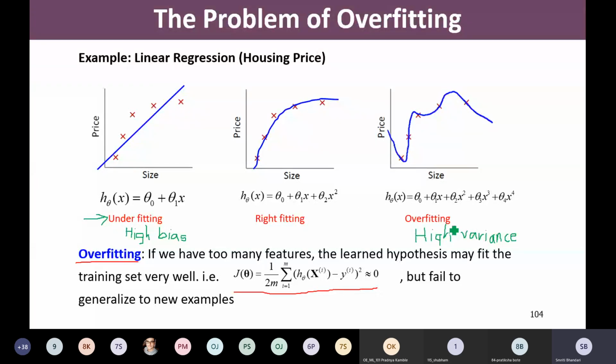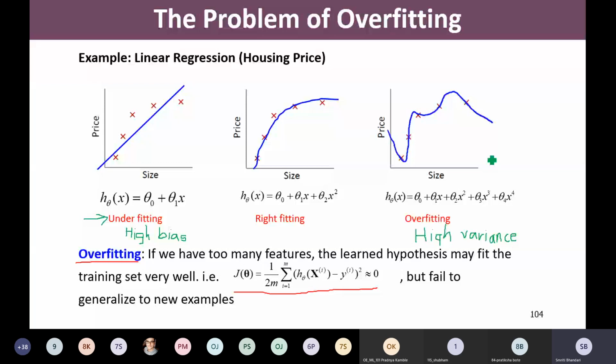And in case of overfitting, what happens is we try to fit the model such that the training error is very low, right? But if we choose such a hypothesis, we may face the problem of high variance, meaning we may face the problem of overfitting.